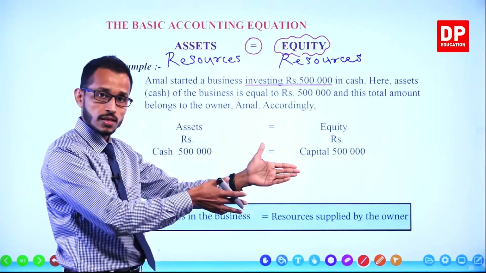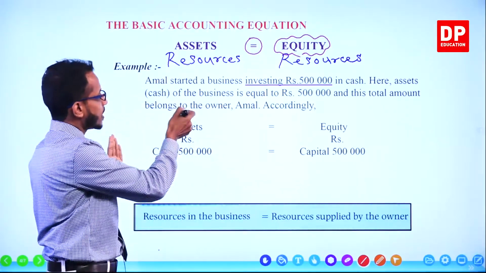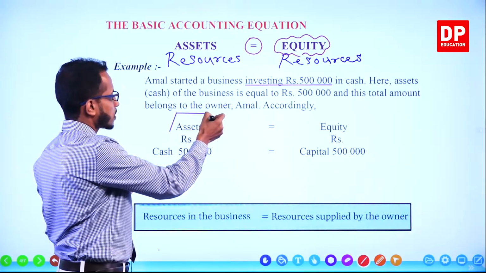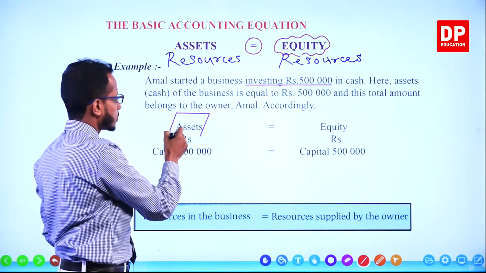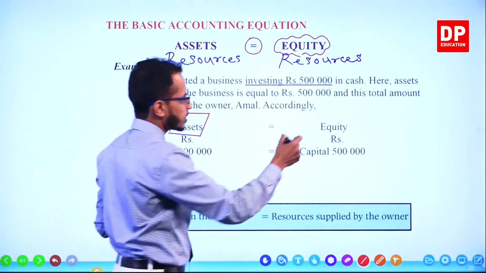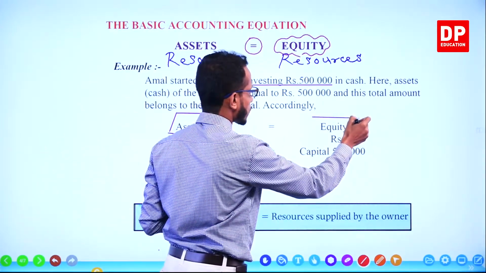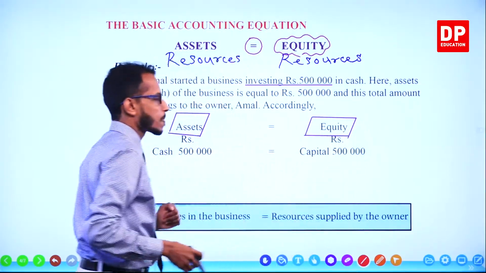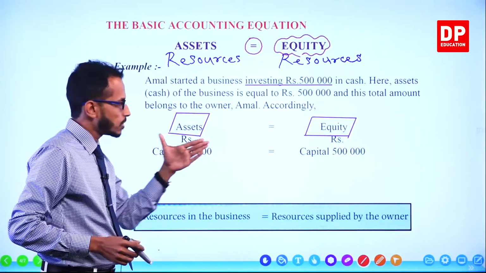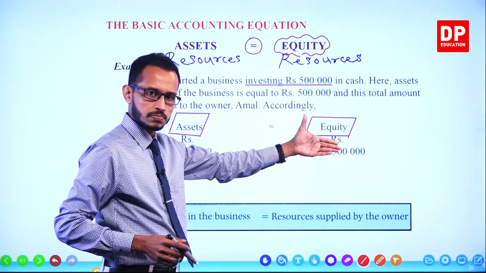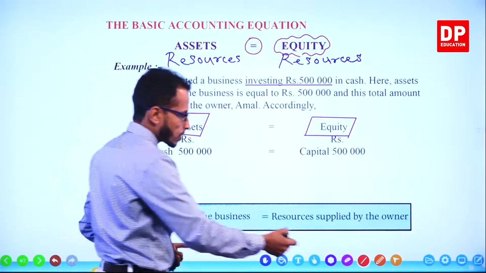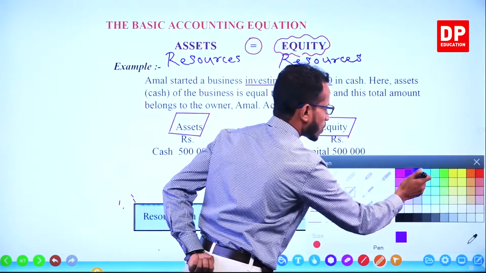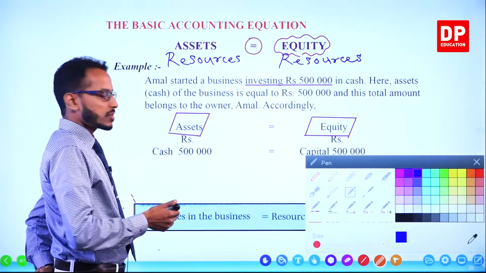Okay? In that case, children, assets are equal to equity. In other words, all the resources belong to the owner. So only 500,000 is in the business.